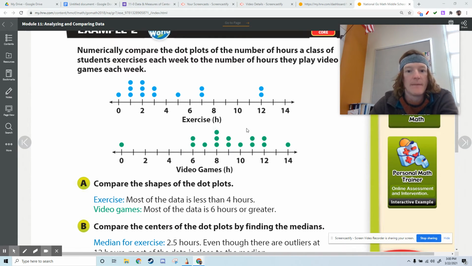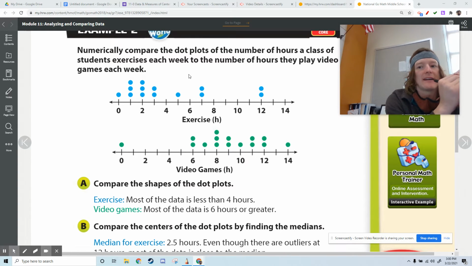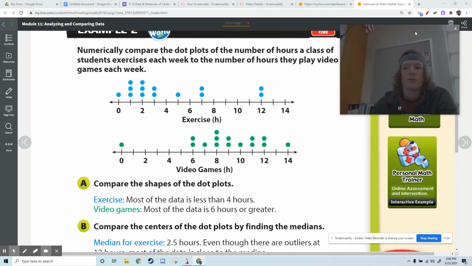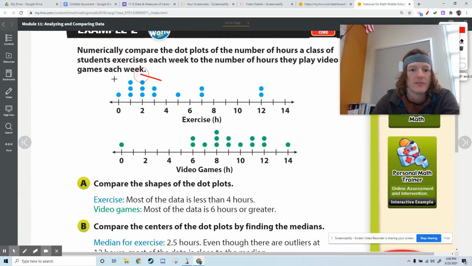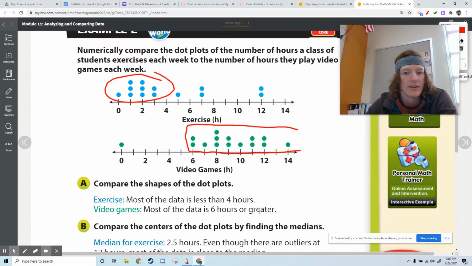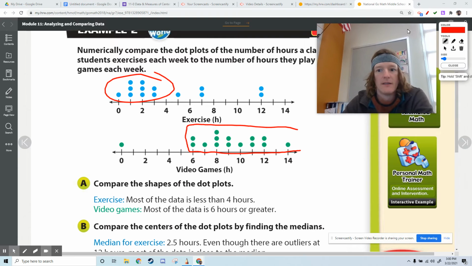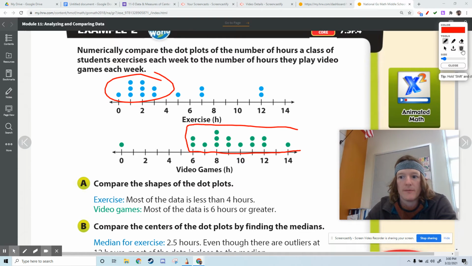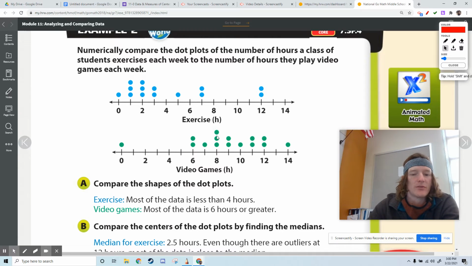If we look at our top exercise graph, the shape, there's a lot of data less than 4. Most of it's less than 4, in fact. Most of it's over here, and that's actually what our book says. Most of the data is less than 4. If we look at our video games, most people have greater than 6 hours. Okay, so that's how we can compare the shape. We're looking at where is most of this data.